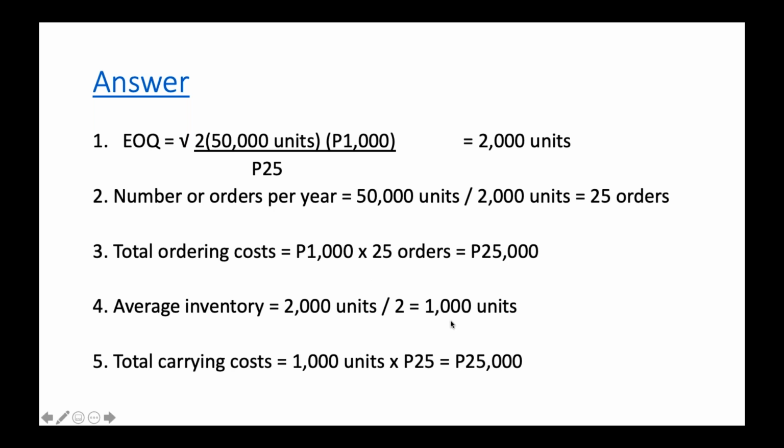We are holding on average 1,000 units for the entire year. So for every unit we are carrying, we are paying 25 pesos for each unit. So we are spending 25,000 total carrying cost. So as you can see, at EOQ, the ordering cost and the carrying cost are equal.